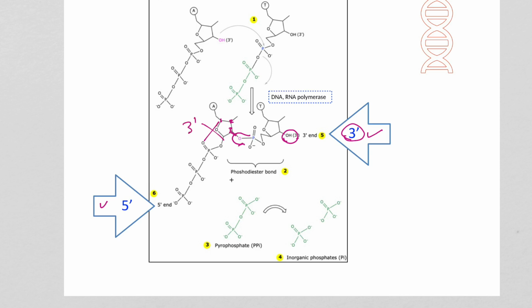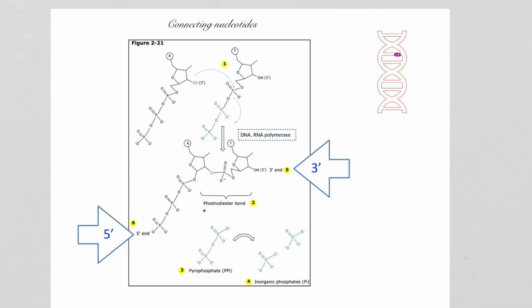So this cannot be the 3' end. That means this must be the 5' end and this is the 3' end. So the best way to recognize a dinucleotide or trinucleotide or polynucleotide such as DNA is always to look at the presence of the hydroxyl group at the 3'. That will give you the 3' end, and therefore the other end will be the 5' end.